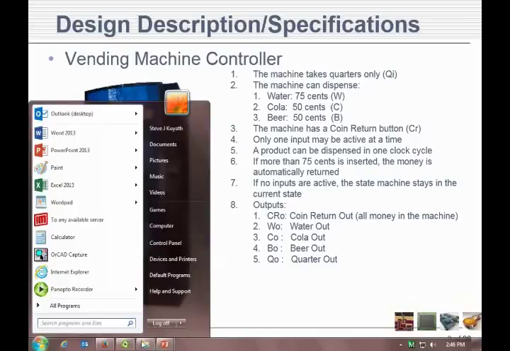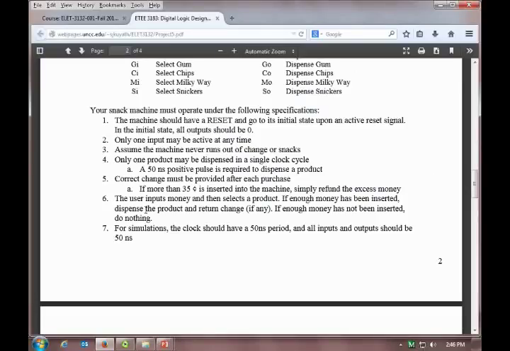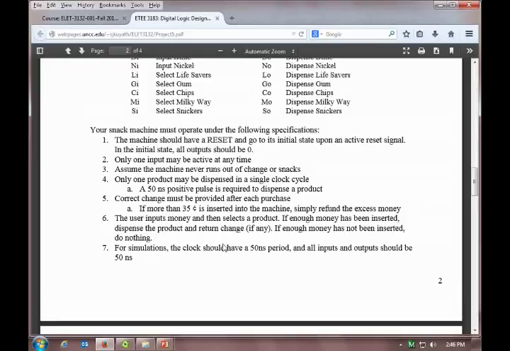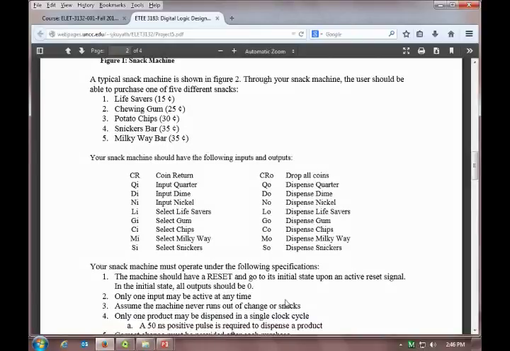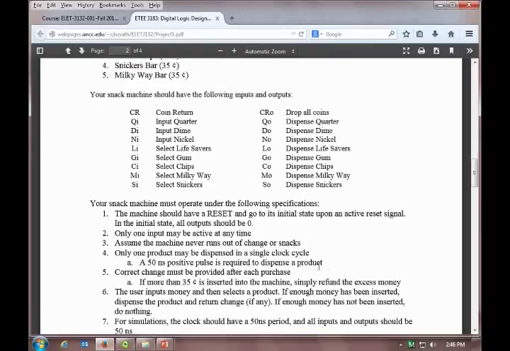On your project, it'll say down here that correct change must be provided for any purchase if more than 35 cents, and that's because the most expensive item is 35 cents. So if any more than 35 cents is ever entered in the machine, then it refunds the excess money.